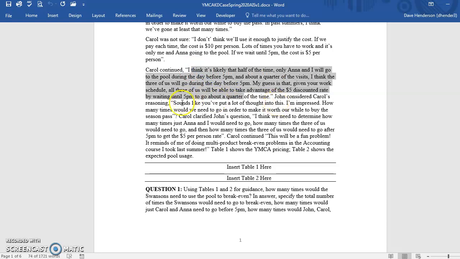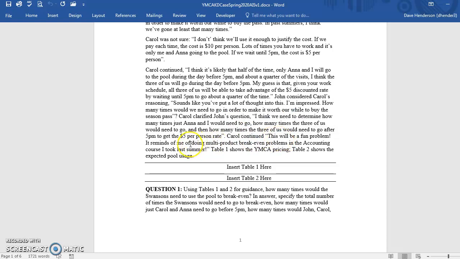John considered Carol's reasoning. "Sounds like you put a lot of thought into this. I'm impressed. How many times would we need to go in order to make it worthwhile to buy the pass?" Carol clarified the question. "I think we need to determine how many times just Anna and I would have to go, how many times the 3 of us would need to go, and then how many times the 3 of us would have to go after 5 to get the $5 per person rate." Carol continued, "This will be a fun problem.